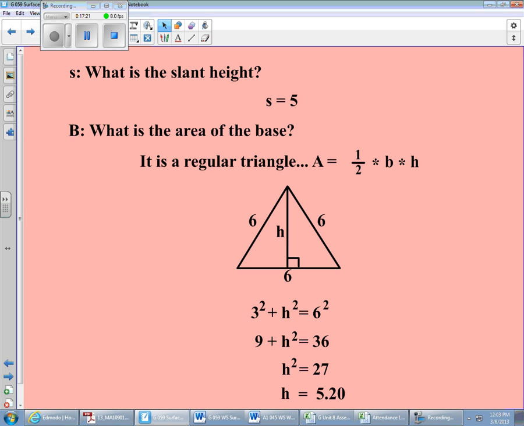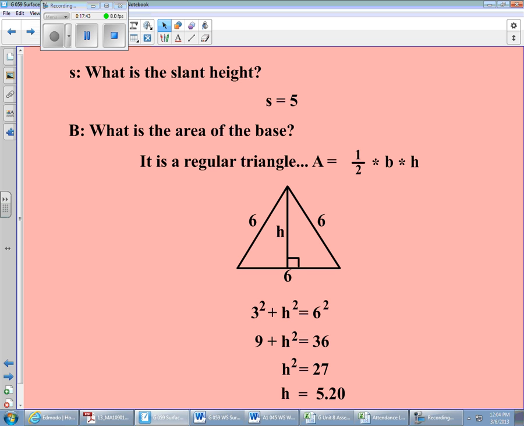And if you're working on an ACT or an SAT, you would leave that as a radical. That would be 3 square root of 3, when you simplify the square root of 27. If you're working on TAKS or STAAR, it's okay to go ahead and go to a decimal and continue on. So the square root of 27 is in the ballpark of 5.20.